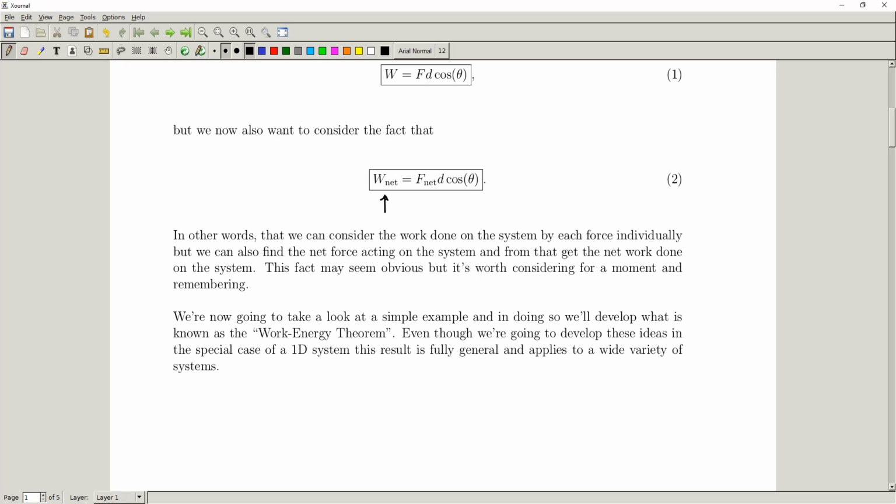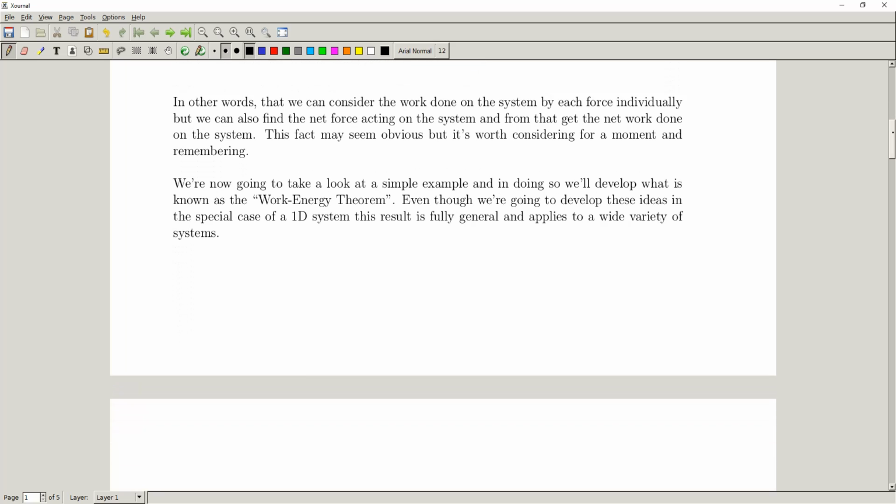So we're going to find that it's sometimes useful or necessary to look at the work done by a specific force, and other times we're only really interested in the net force on the entire system. And because of the way these things work, we're able to do that. We can isolate the work done by a single force, or we can isolate the total work done on a system, and we're going to see an example of that here in a little bit.